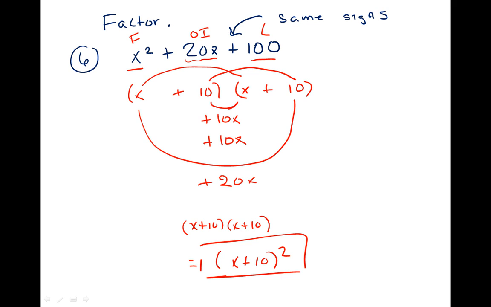Let's try a few more of those. Now let's try one that's slightly different. This is number 8. z squared minus 12z plus 36.